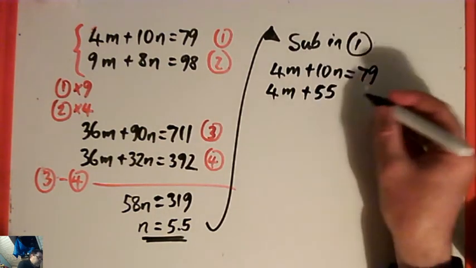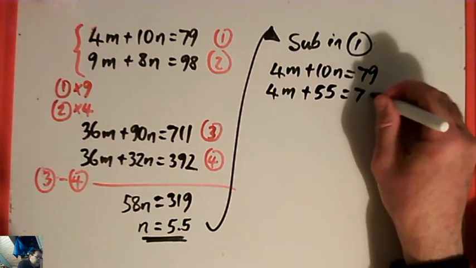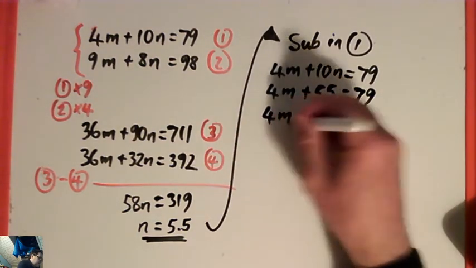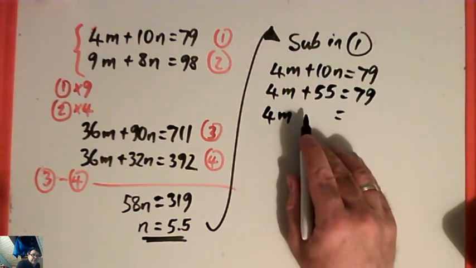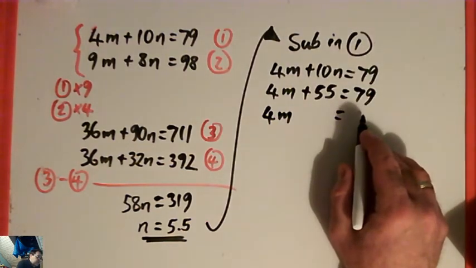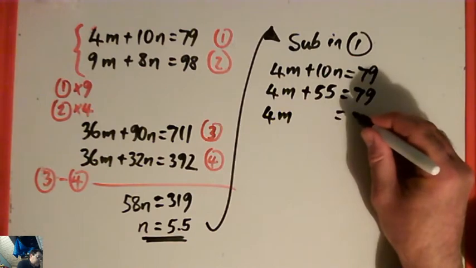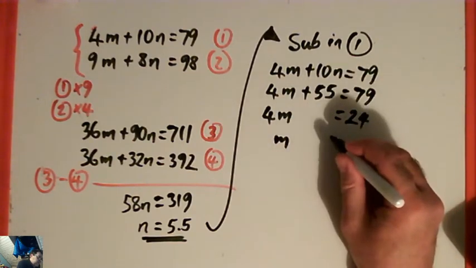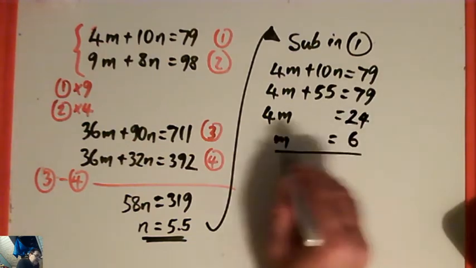So 4m plus 55 equals 79. I'd like to get the 4m bit on its own, so I'm going to take away 55, but I've got to do that to both sides. So that becomes 4m equals 24, and divide everything by 4 to get that m equals 6.